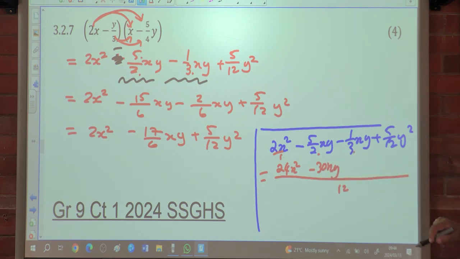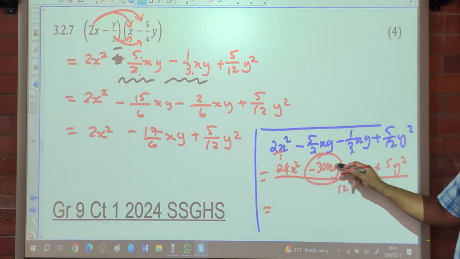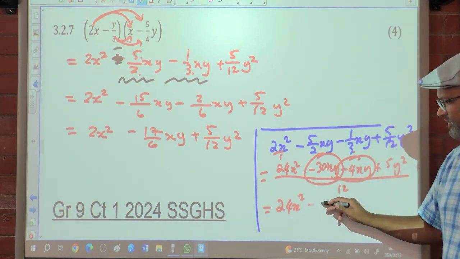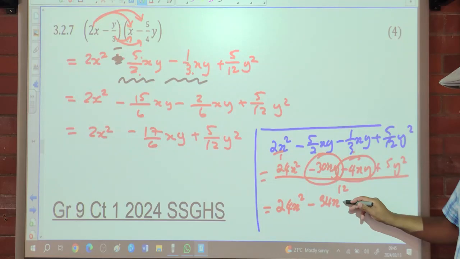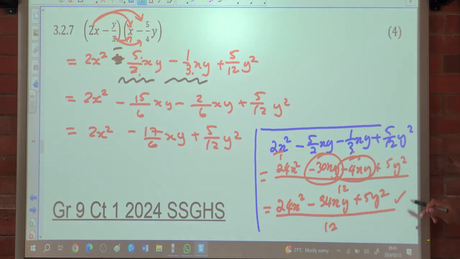This is multiplied by 4, so it's minus 4xy. Then I multiply by 1, so it's plus 5y squared, which now gives me like terms. So it's 24x squared minus 34xy plus 5y squared over 12. That would also have got you full marks.